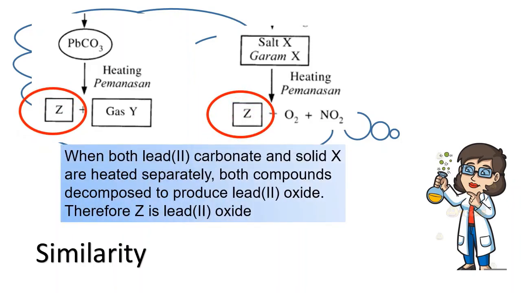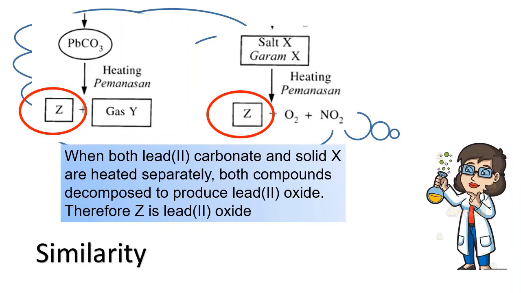When both lead(II) carbonate and solid X are heated separately, both compounds decompose to produce lead(II) oxide. Therefore, Z is lead(II) oxide.